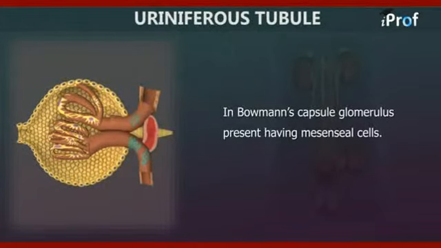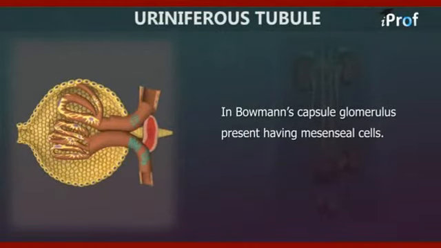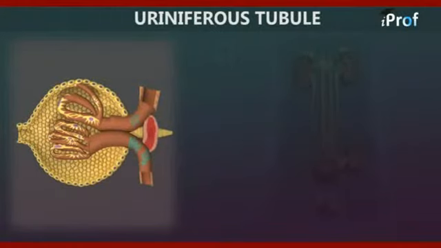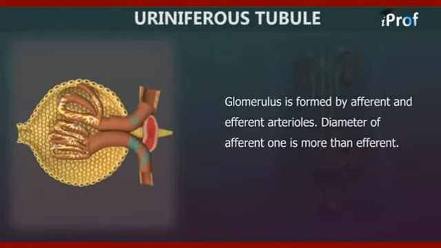In Bowman's capsule, glomerulus present having mesenchymal cells. Glomerulus is formed by afferent and efferent arterioles.